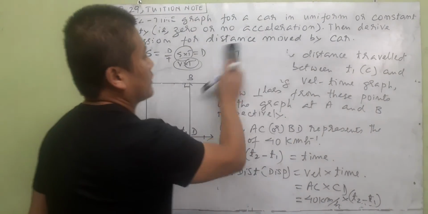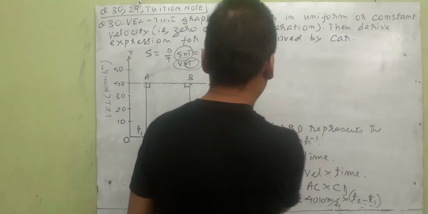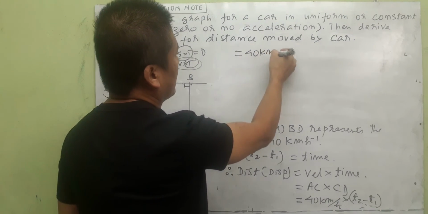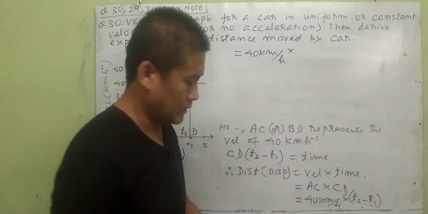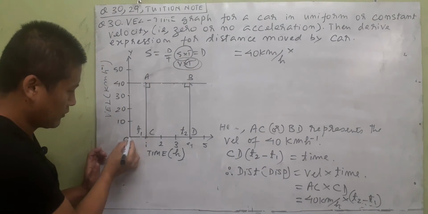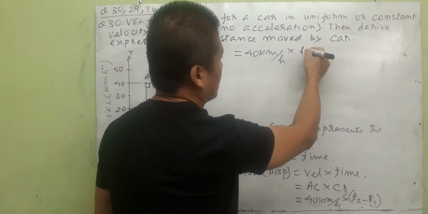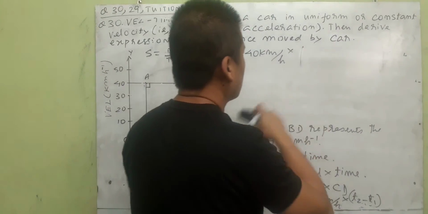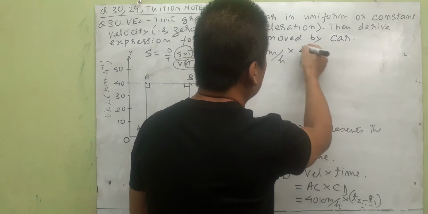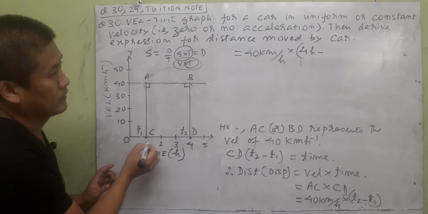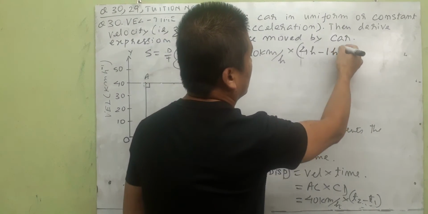As we continue, that will be equal to 40 km per hour into T2. As you can see here, from 0 to T2 is 4 hours, so T2 is 4 hours, minus T1. 0 to 1 means 1 hour, so we write 1 hour.